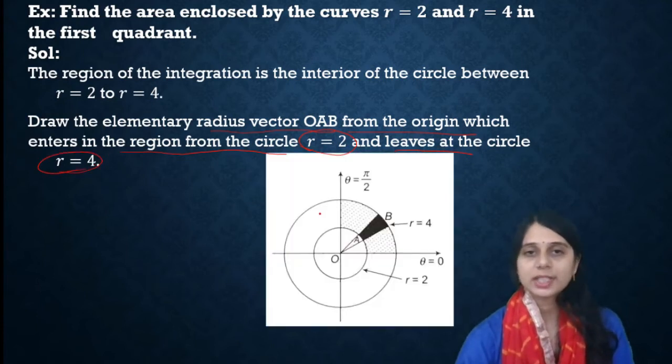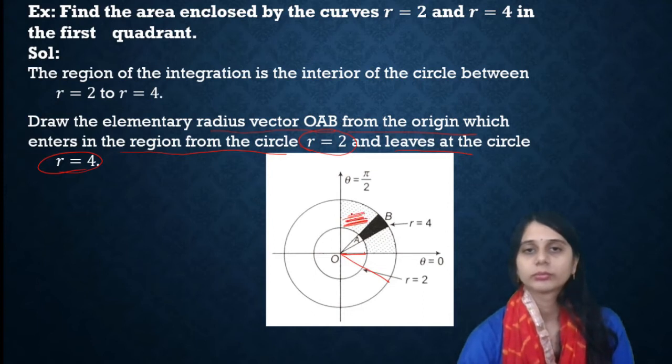So the first circle is r = 2, and it is your r = 4 circle. Now theta = 0 to pi by 2, and we have to find this region.